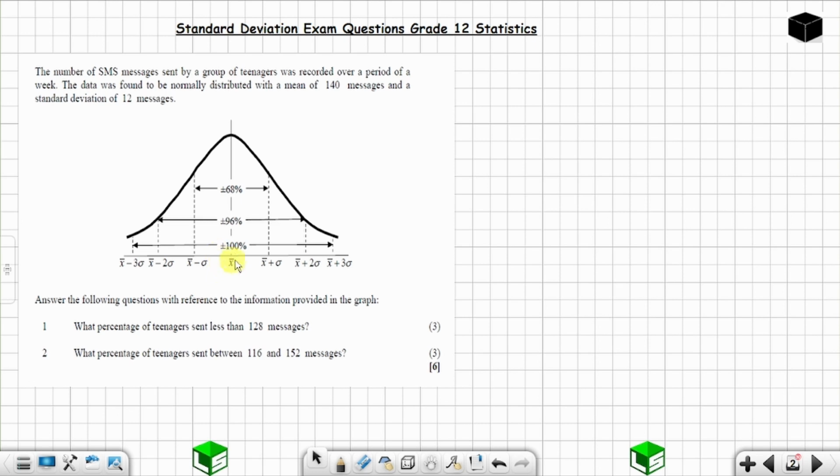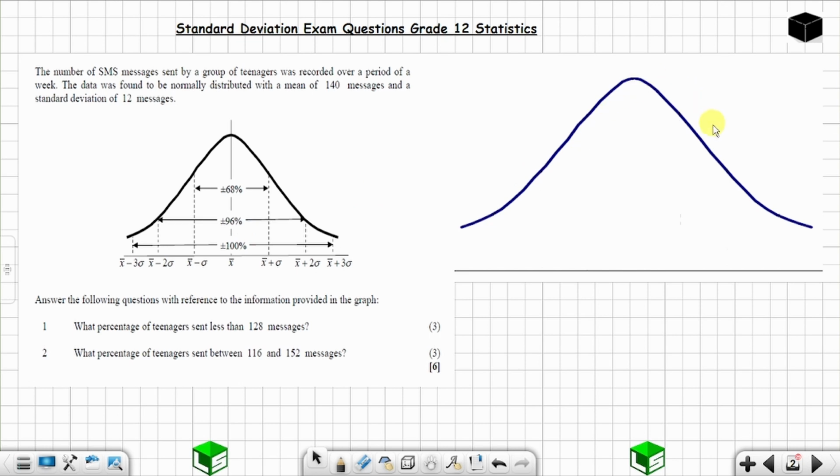Okay, this is the mean. You are given the mean, x bar, 140, and this is one standard deviation to the right of the mean. The standard deviation is 12.